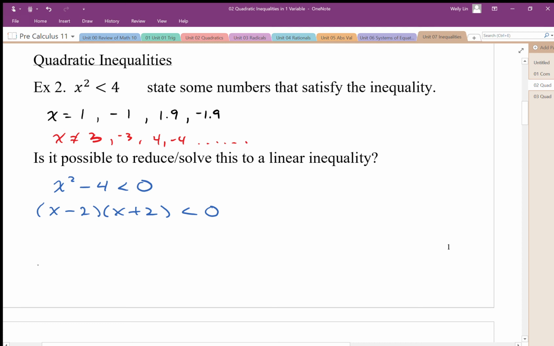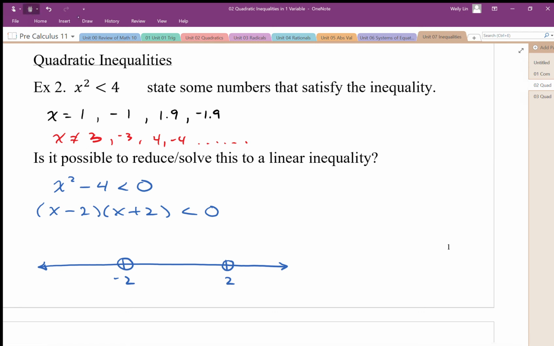So my solution, since it's a one variable inequality, my solution is going to be on a line. I know my boundaries are going to be at 2 and -2. And really, I just need to know which side of the boundaries are going to be part of my solution. And if I just test this, I tested up here.